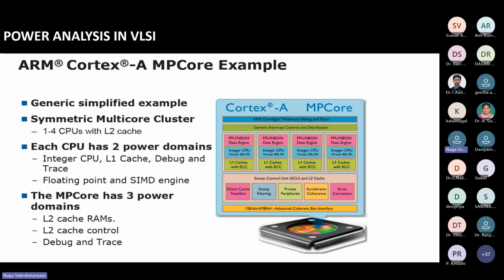Most of the processors are coming with multi-core, right? So in initial days they had only one core. That one core would serve all the subsystems in the chip. But nowadays they have multi-core. Currently they are having octa-core, hexa-core, let's say 16 cores. 16 cores in parallel will perform the operation, so they consume power.